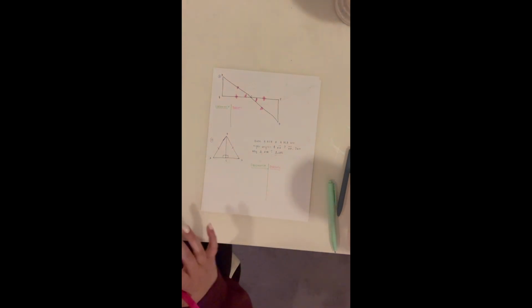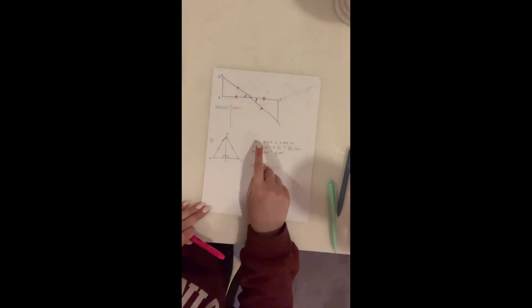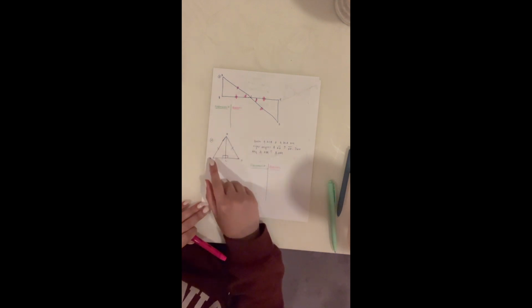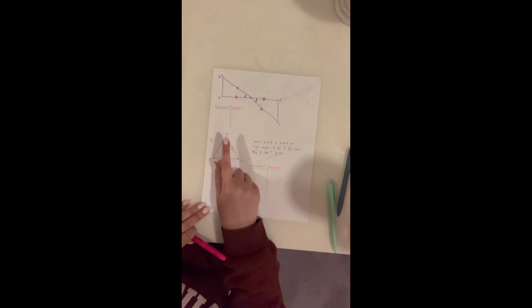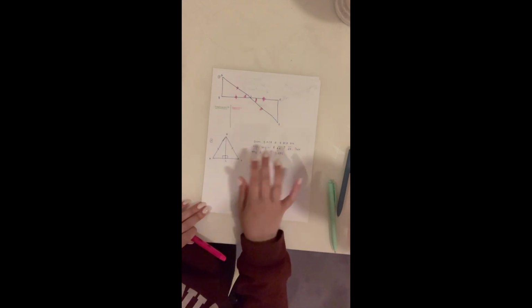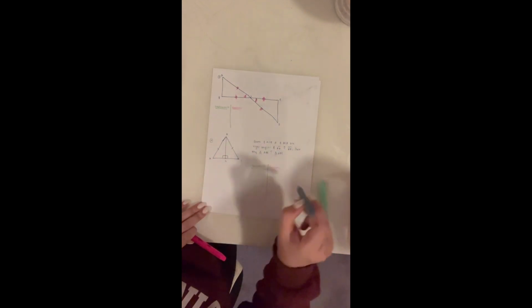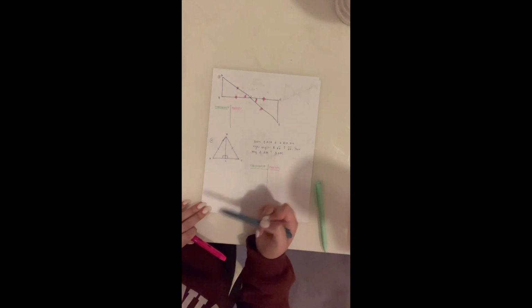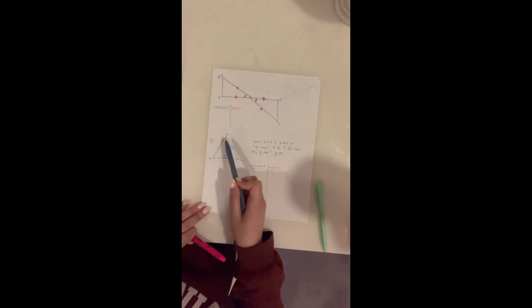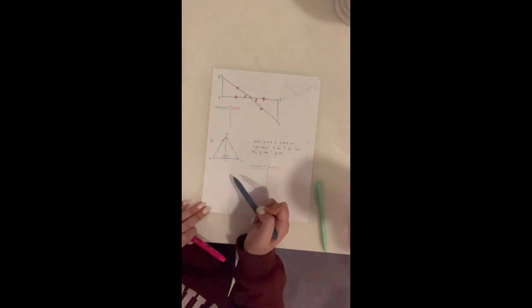Okay, so let's read. It says in the prompt that given angle ACB and angle DCB are right angles, okay, as we can see here, and line segment AB is congruent to line segment BD, state why triangle ABC is congruent to triangle DBC.